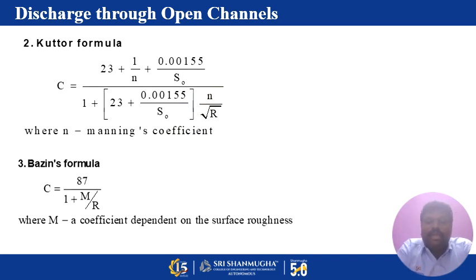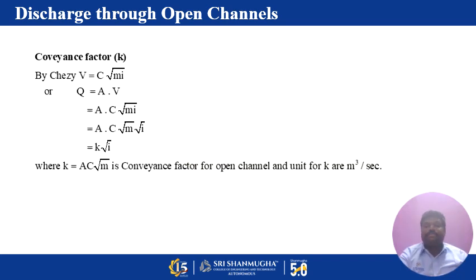For Kutter, C is equal to 23 plus 1 by N plus 0.00155 by S0, whole divided by 1 plus 23 plus 0.00155 by S0 into N by square root of R, where N is Manning's, and R is the hydraulic mean radius, A by P. Next is the relation between Bazin and Chezy: C is equal to 157.6 by 1 plus m by square root of R, where m is the coefficient of Bazin, which depends upon the surface roughness.